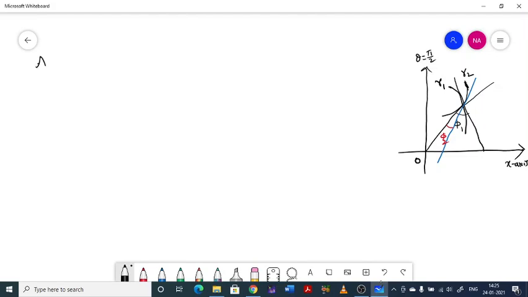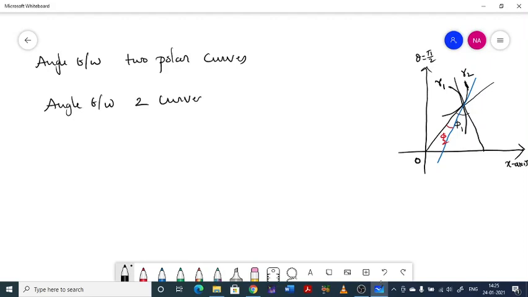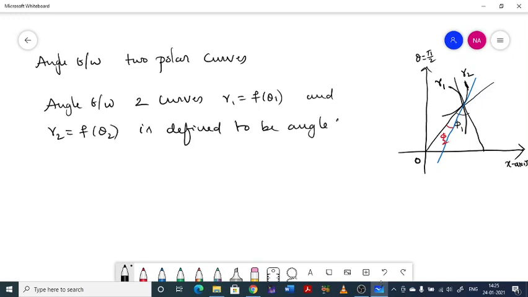The angle between two polar curves, r1 equal to f of theta 1 and r2 equal to f of theta 2, is defined to be the angle between their tangents.